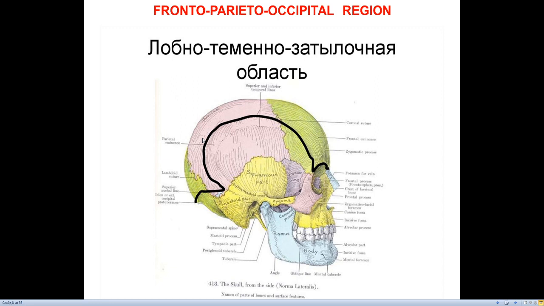And after the damage of the lamina interna, it's very, very sharp, like a blade, and can cut these sinuses. Sinuses of dura mater, instead of veins, contain not a 3-layer wall, but a 2-layer wall.